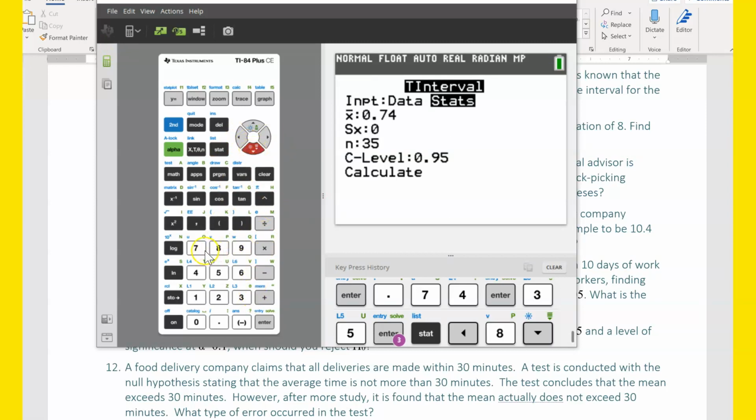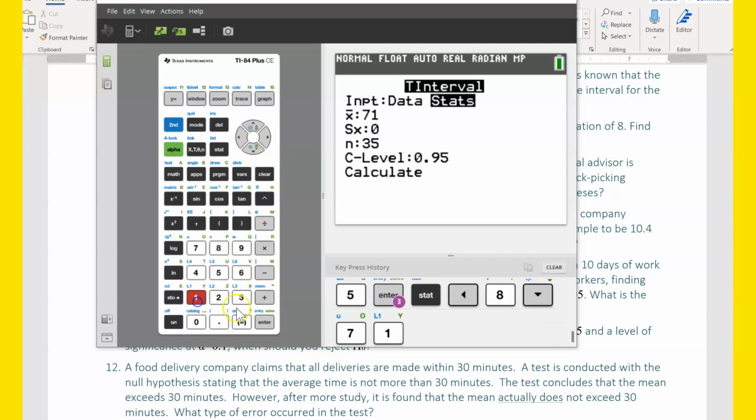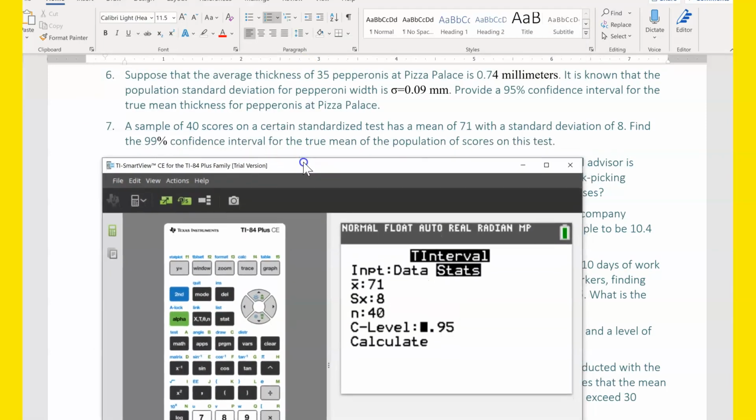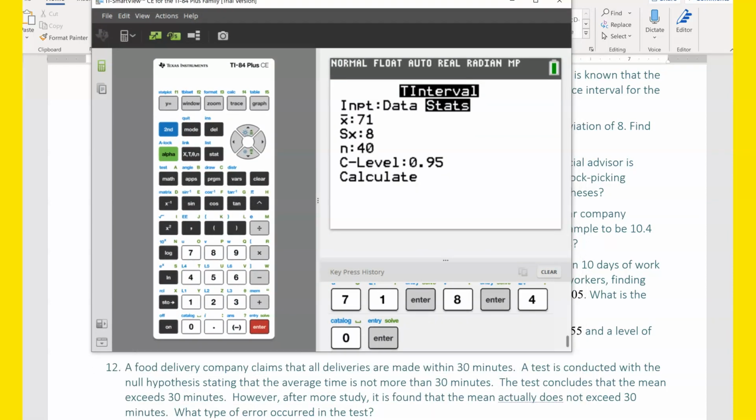I believe the mean was 71. And the standard deviation, I believe, was 8. And the sample size, I believe, was 40, I think. Let me make sure. Yep. 99% confidence interval. So the confidence level is not 0.95, it's 0.99 this time.